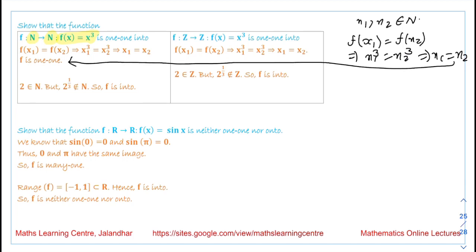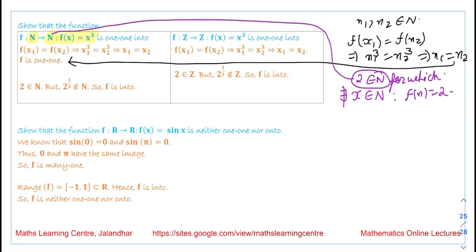Now we are saying there is an element 2 belongs to N for which there does not exist any x belongs to N such that f(x) is equal to 2. It means there is an element 2 in the codomain of this function which does not have any pre-image. So we are saying this function is an into function.